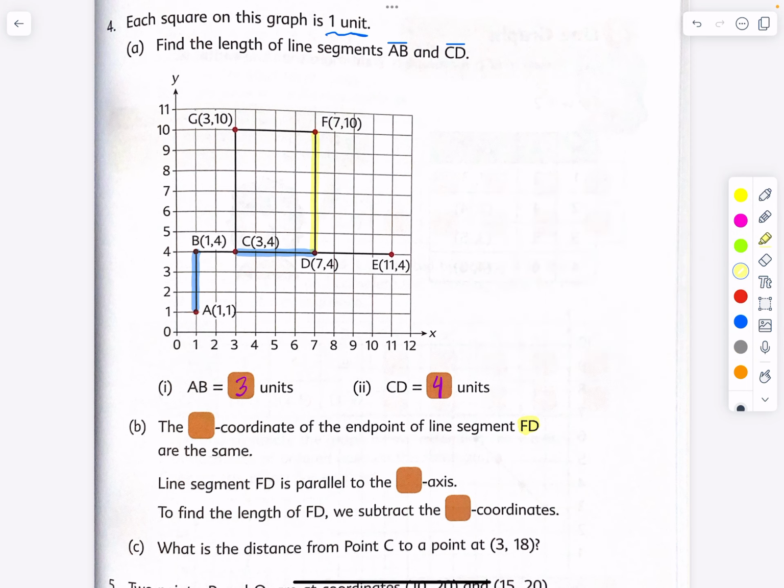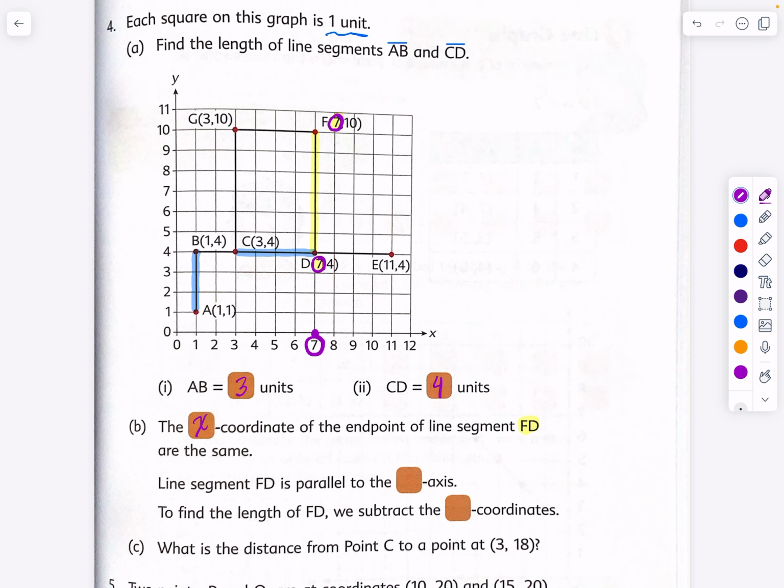Well, point F is (7, 10), and point D is (7, 4). We see that they share the same coordinate on the x-axis, the x coordinate. You see here is the 7. They both share 7. They're both along the 7th line in the coordinate plane.